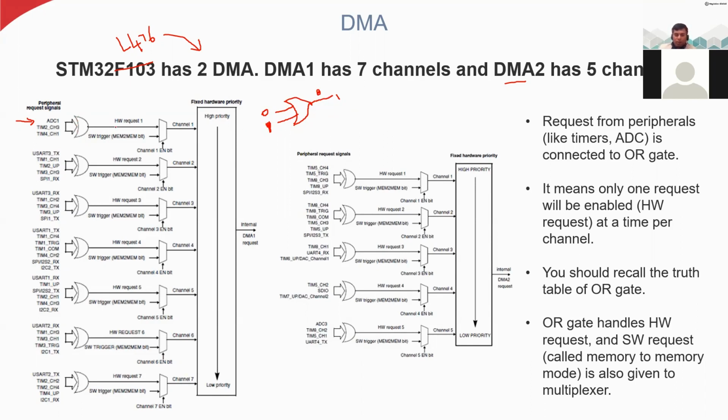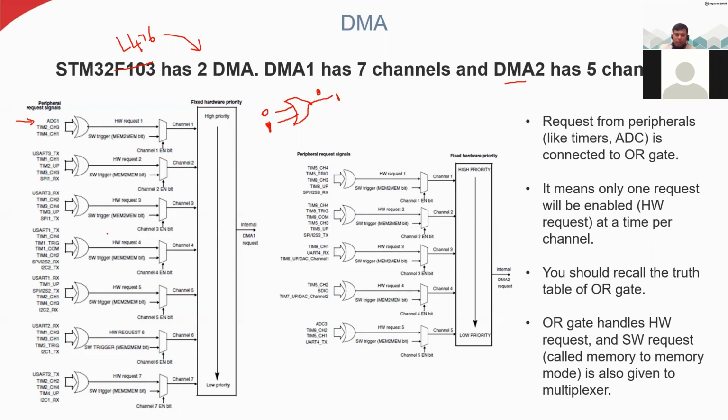So whatever the number of inputs you are giving, whatever the number of interrupt signals you are giving, maybe it's 3 or 5 or 10, at the output you get only one enabled signal. Here we are getting just a single output because we are handling everything in terms of zeros and ones. So it means only one request will be enabled at a time per channel.